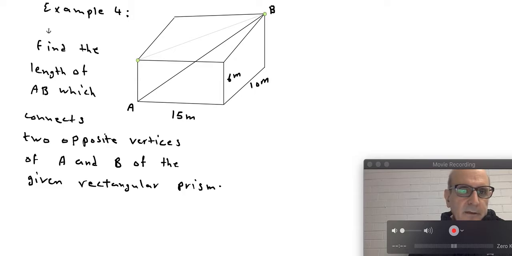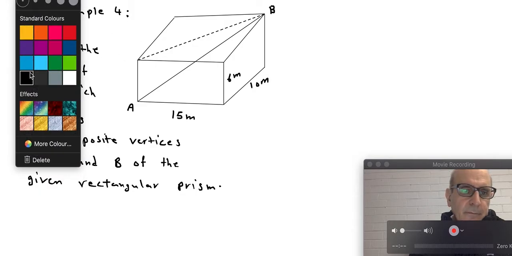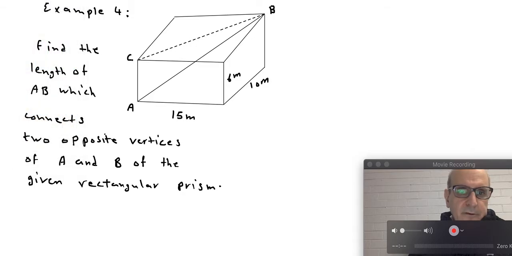Let's make it a dash line. Let's call this point C. So A, B, C. It might not look like it, but this is a right angle triangle here too. So triangle ABC is a right angle triangle.